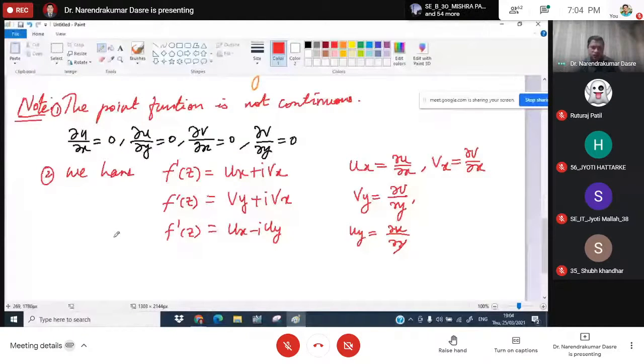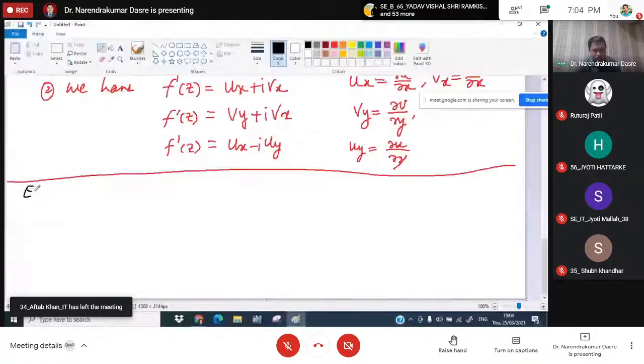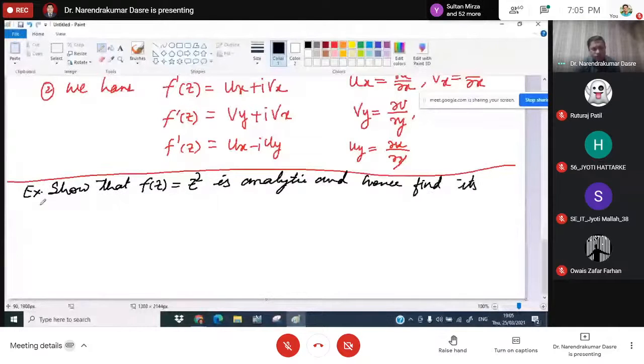So let us try an example. Show that f of z is equal to z square is analytic, and hence find its derivative in terms of z.